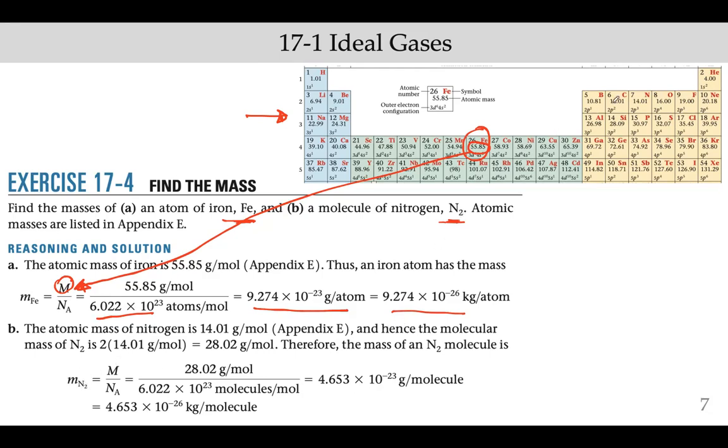Now let's find nitrogen, it's here. So 1 mole of nitrogen atoms, its weight is 14.01 grams, but because we're dealing with N2, we have to multiply this number by 2. That's why we have 28.02 divided by the Avogadro's number, and you will find the weight of a single nitrogen gas molecule.